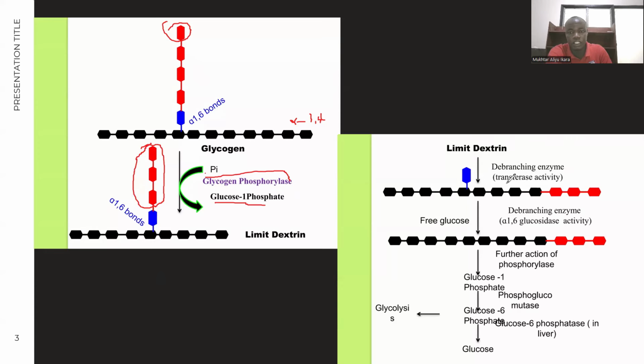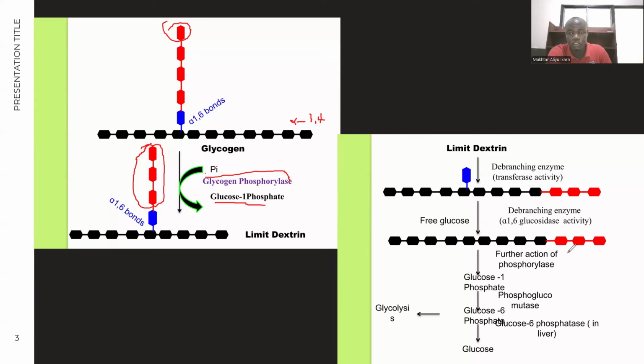So debranching enzymes remove the 3 molecules of glucose that are left here, and after removing them, it will now use the alpha-1,6 glucosidase activity and cleavage. At the end, it will be attached at the direction where we have the alpha-1,6 glycosidic bond.